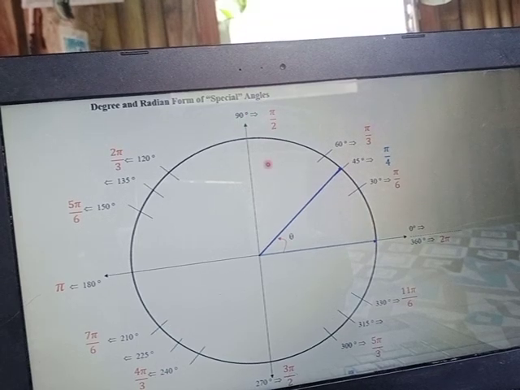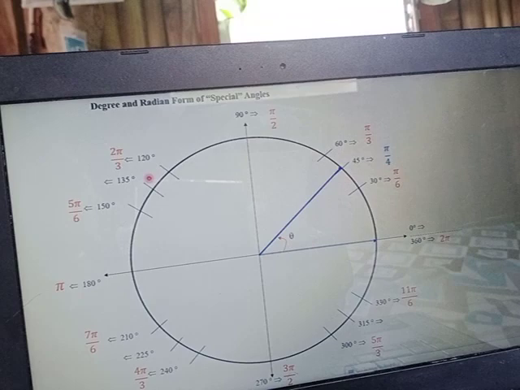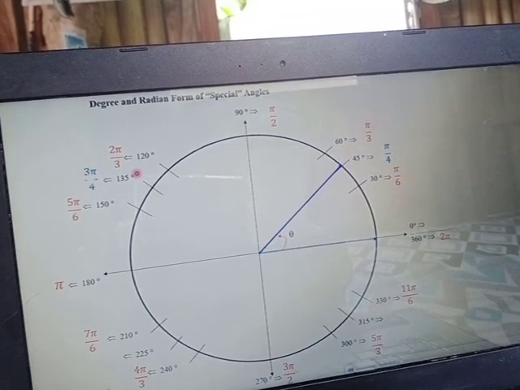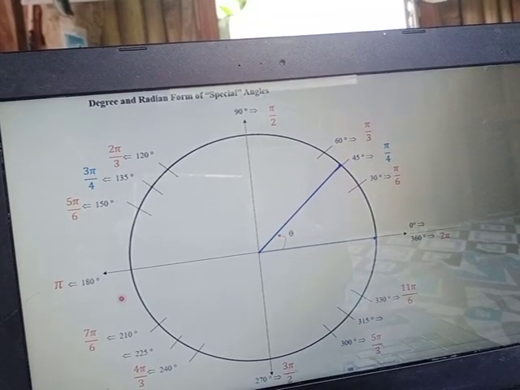And then another one, this is 45. So we have 135. So this is 2 pi over 4. This is 3 pi over 4. So simply, this is 3 pi over 4, and then this is 4 over 4, this is pi, and then for this one 225, we have 5 pi over 4.